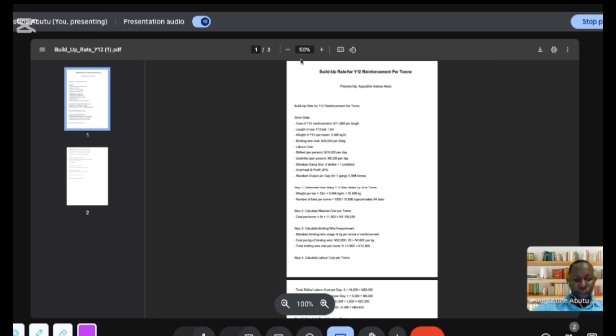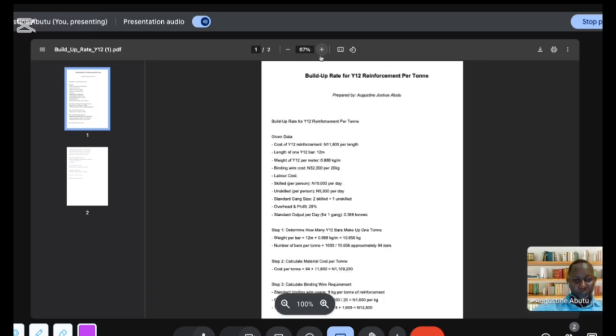Once you do that, it will give you 10.656. Then you will now divide the weight of a ton, which is 1,000. So you divide 1,000 by 10.656. It will give you approximately 94. So it will give you 94 length. So it means that in a ton of Y12, we have 94 length.